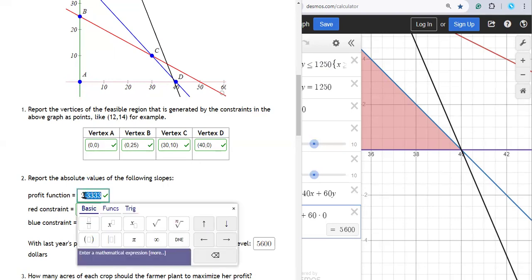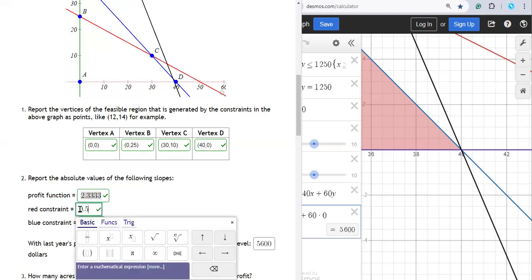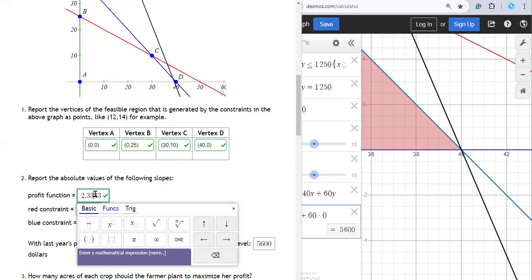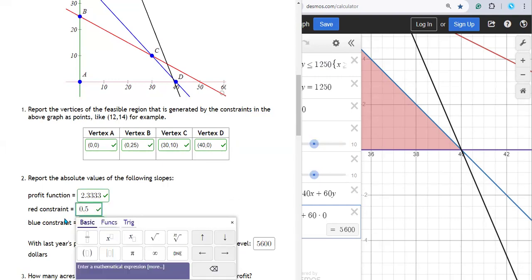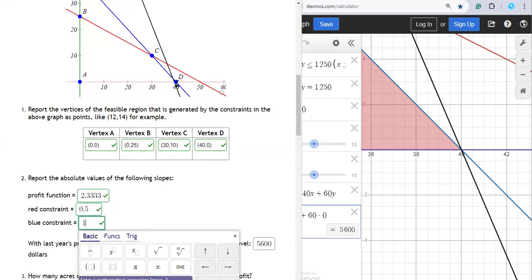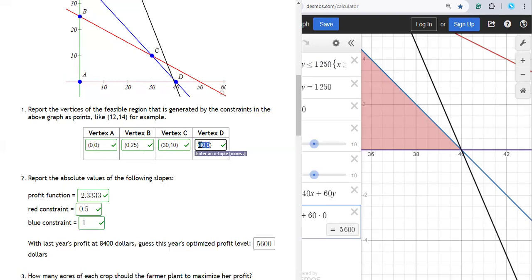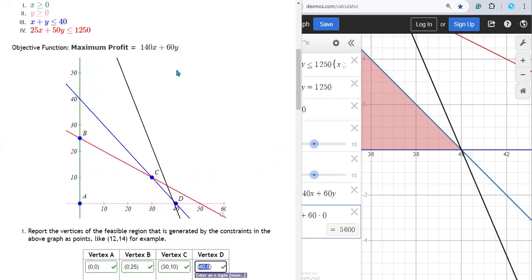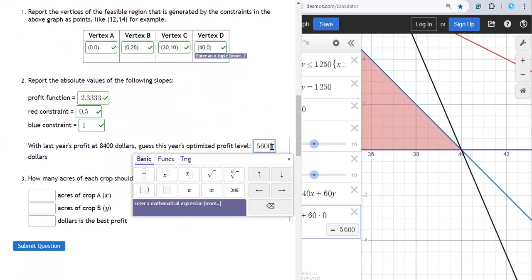It compares the profit function slope to these. And it starts on the right. And it says, if this is greater than both of these, then point D is our optimal solution. Knowing that, it then just plugs point D into the profit function to get the maximized value of profit.